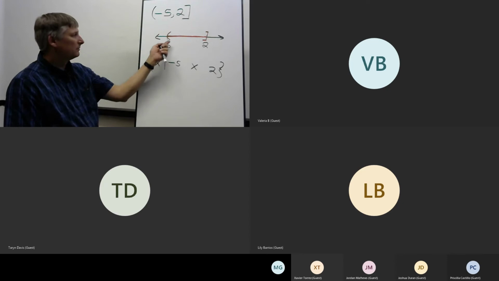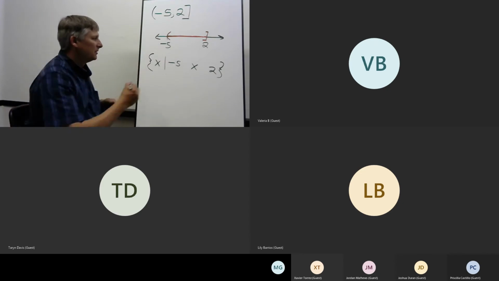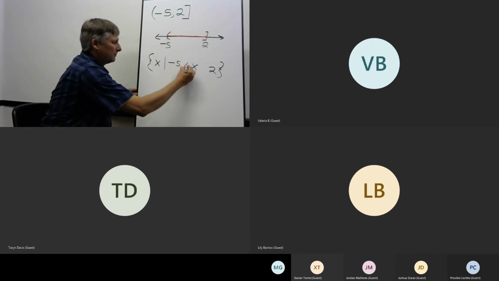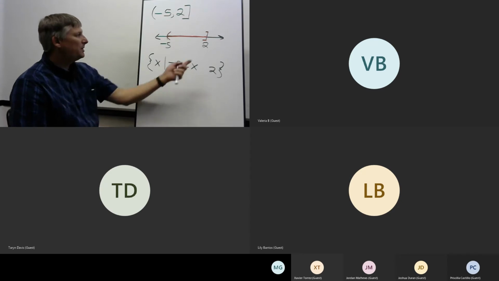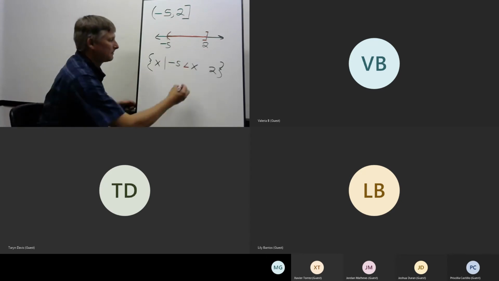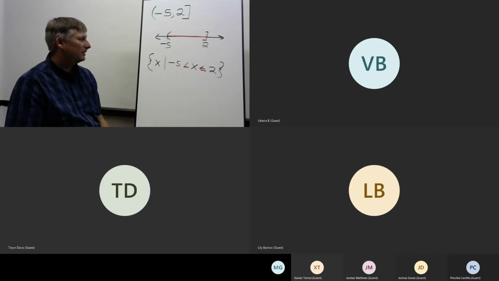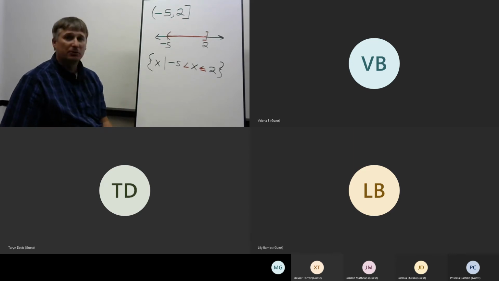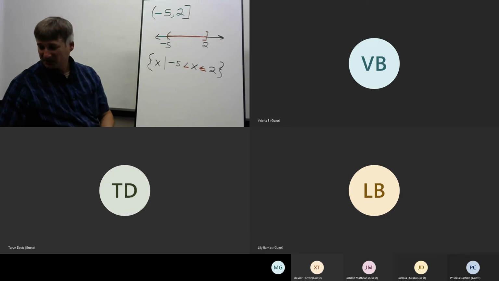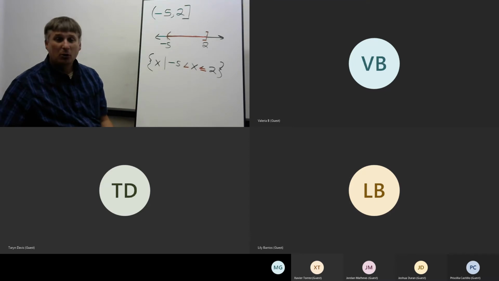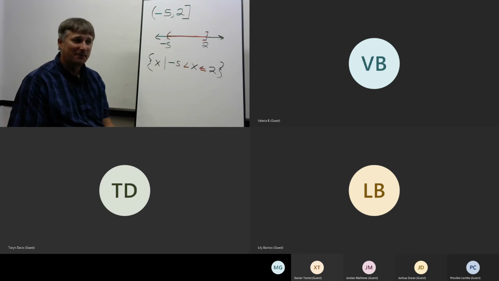We don't. We got a parenthesis here. So I'm going to use this symbol. But we do get to keep 2. X can be 2. And then that would be our answer using set builder notation. Questions about that?